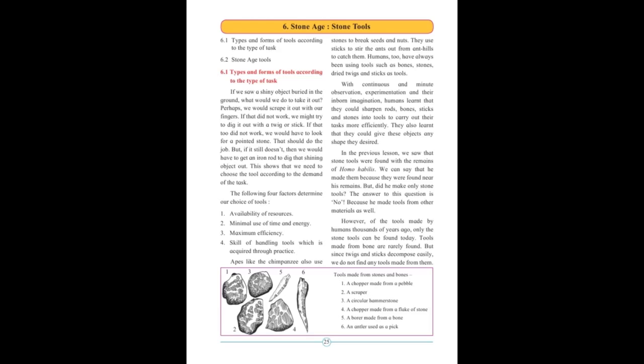So students, the chimpanzee used stone as tools to break seeds and nuts. Okay. They use sticks to stir the ant hills into the ground to take out the ants from it and catch them. Okay. Humans also used stones as tools, bones as tools, sticks as tools, for various purposes.